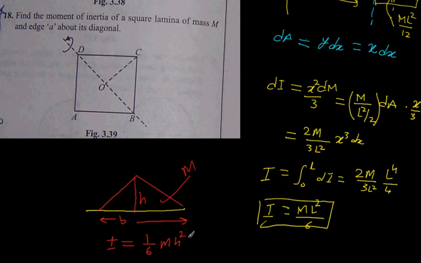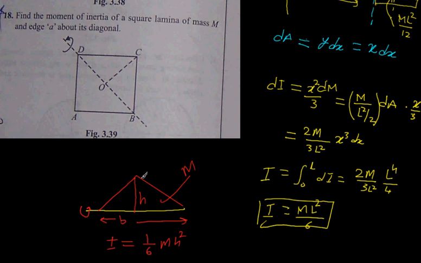If you know the height of this triangle, you can easily find the moment of inertia along this axis. If you need to find the moment of inertia along another axis, you need to find the height from that axis.